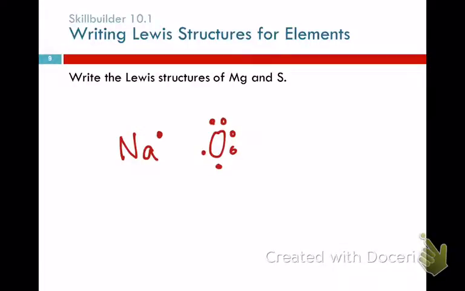So, how many electrons does oxygen need? 2, right? So, to get to its octet, it's going to take 2 sodiums for that to happen. So, the electron will go there, the electron will go there. And then what you end up with, 2 Na pluses and an O2 minus.